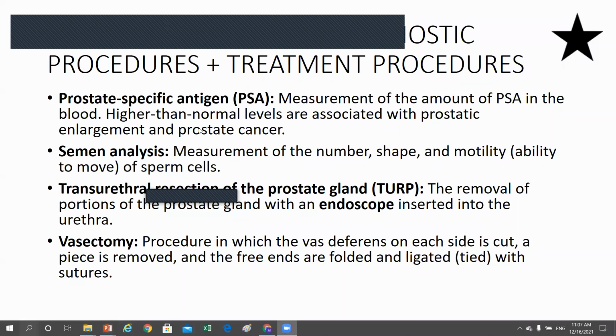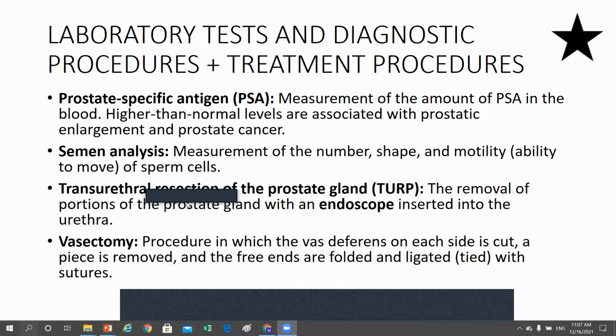So we have a term over here for a laboratory test to differentiate, to diagnose the disease. A very famous test, as we have talked about, is the PSA. Prostatic enlargement with age is a common problem with old male persons.